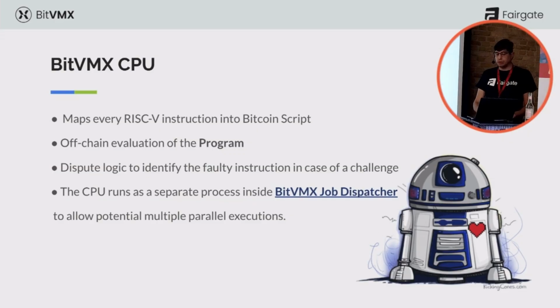And dispute logic to identify the faulty instruction in case of challenge is done with an N-ary search. We track every instruction, and when the dispute starts, both parties need to show their code. If they wanted to add it all, it would be way too much to put on chain. So what we do is, instead of a binary search, we do an N-ary search.